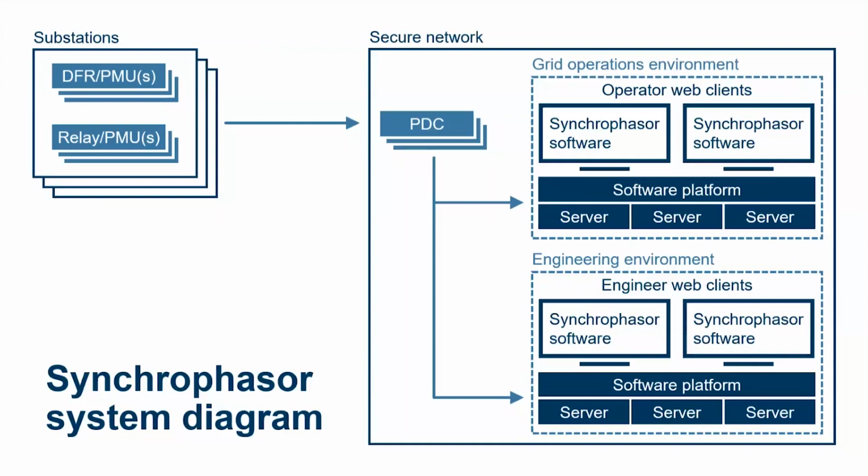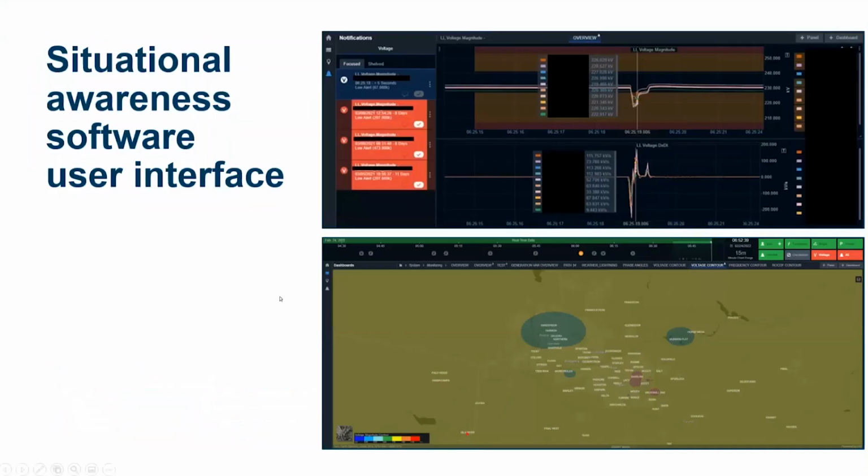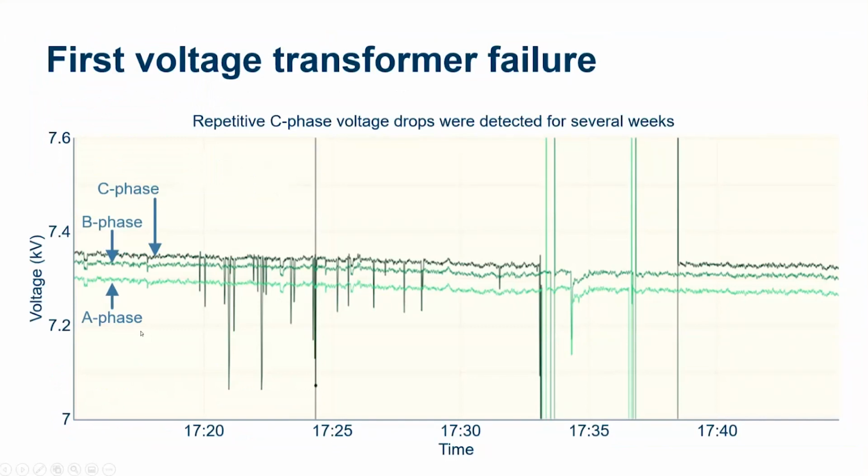You might have software running in a grid operating environment, and you might have software running in an engineering environment. And then that data is accessible by operators and engineers, for example. So this is just a couple of screen captures from their implementation of events that they've had on their system. And now we're going to jump into these 2 cases.